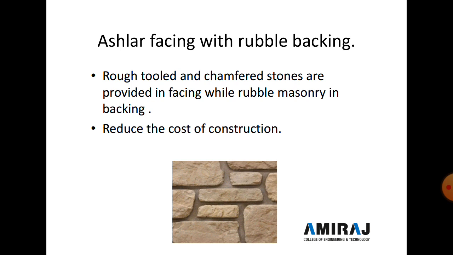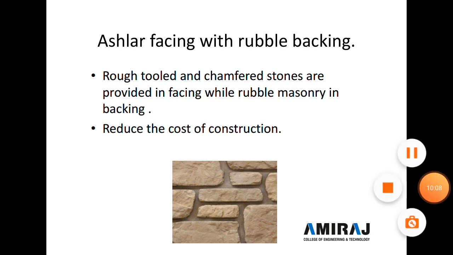At the last we will see how to manufacture hollow concrete blocks. So all these things are discussed in the next lecture, and today we complete our lecture on composite masonry wall. Thank you.